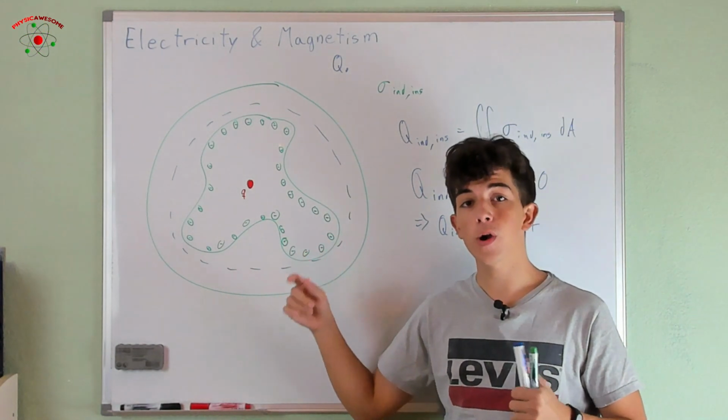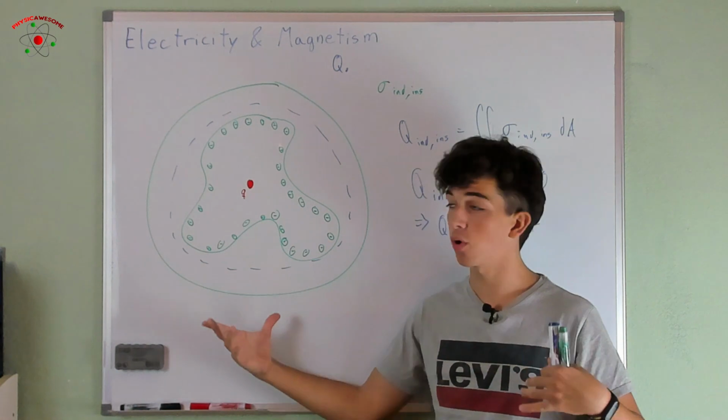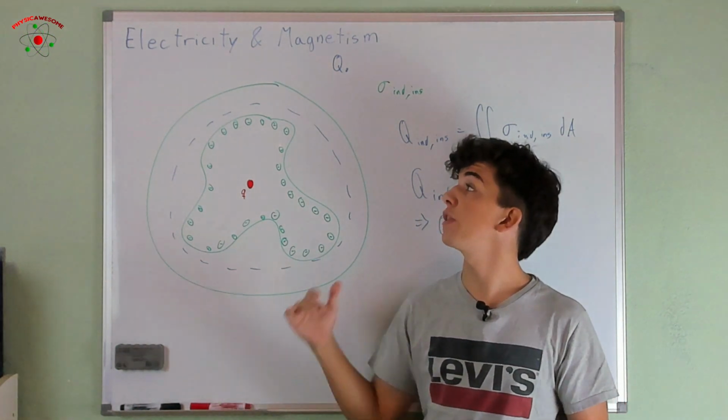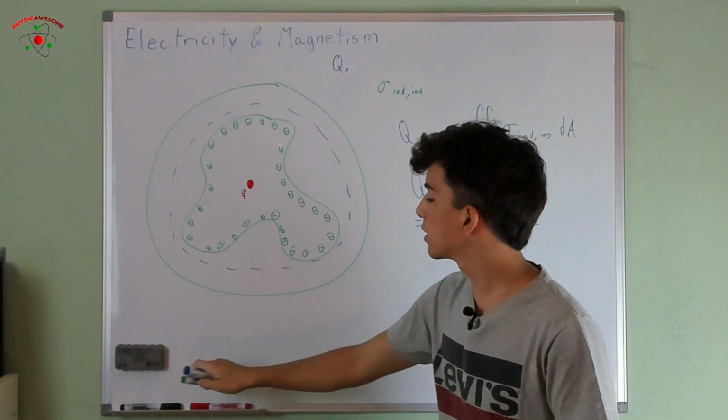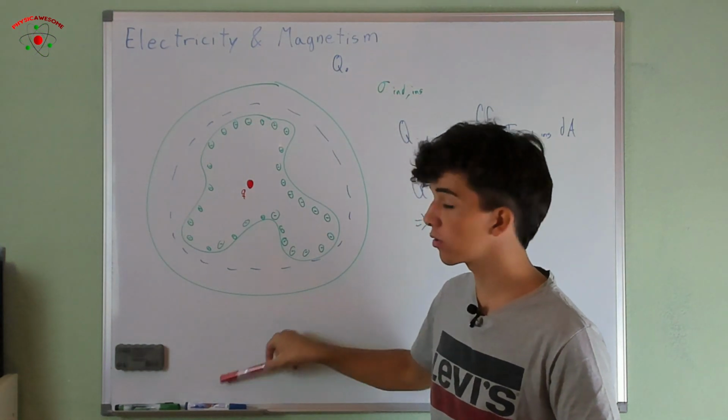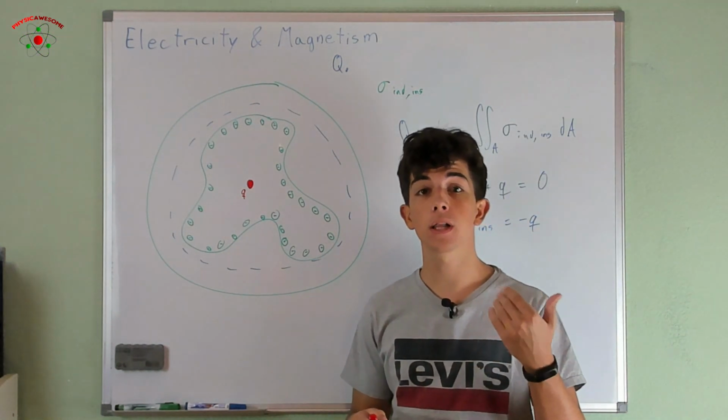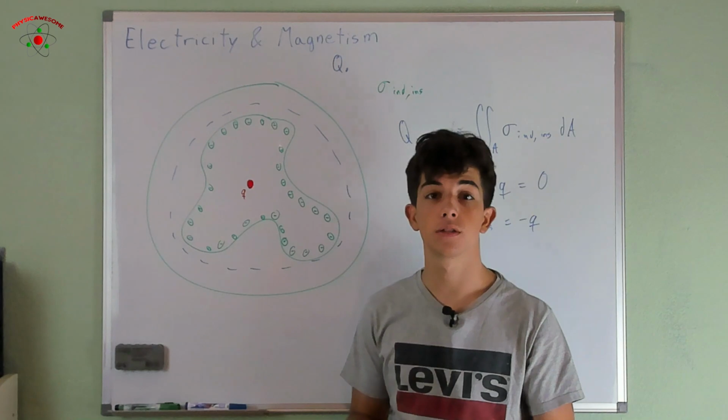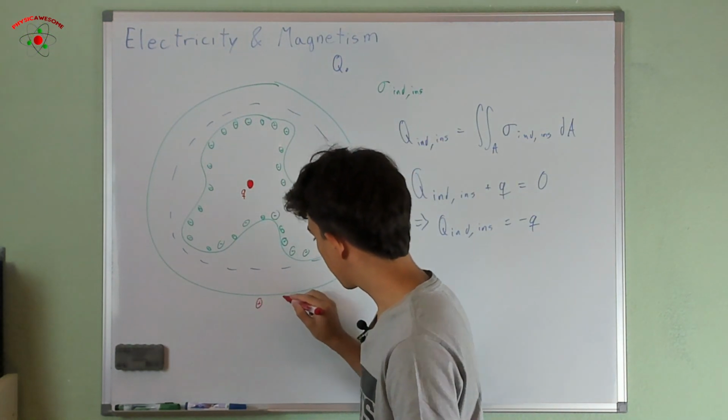However, as before, we're also going to have some protons that are left alone on the outside of this region. Therefore, what we are going to have is some superficial induced outside charge density.